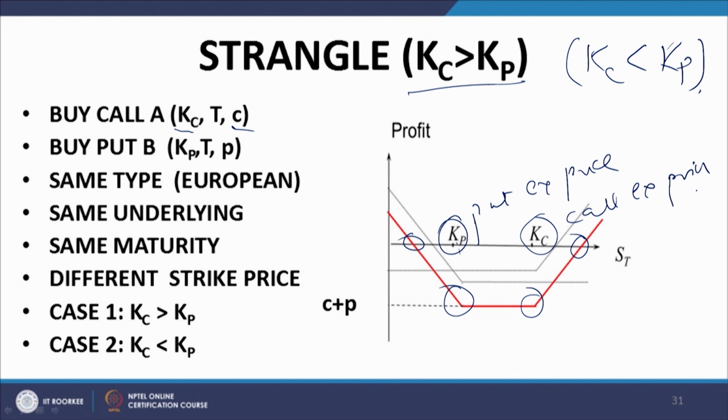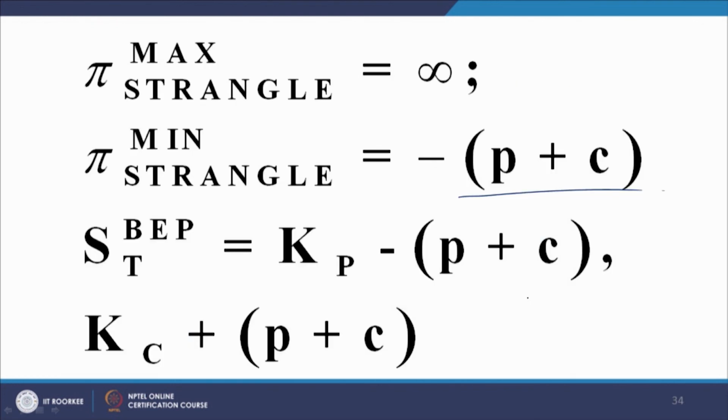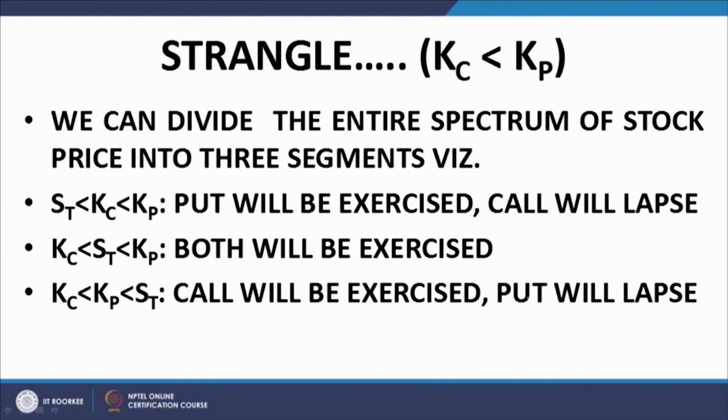So, in contrast to the straddle, which is V-shaped, this has a flat bed between Kp and Kc. There is a flat bed representing constant payoff between Kp and Kc. The investor perception is pretty much the same, and then we shall talk about Kc less than Kp in the next lecture. Thank you.